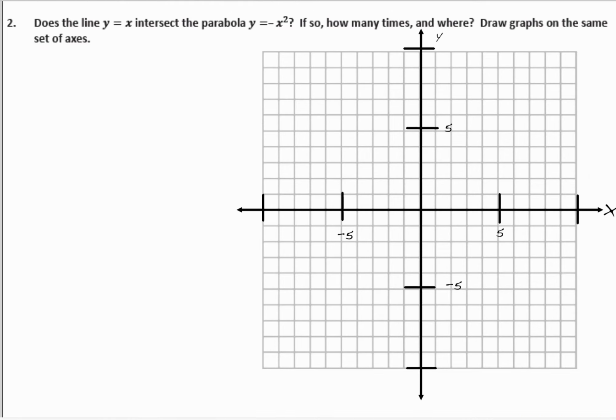All right, so the line y equals x. Well, let's do that in green. So y equals x means I have starting at the y-intercept of 0 and then going up 1 over 1, up 1 over 1. Well, that's pretty easy.